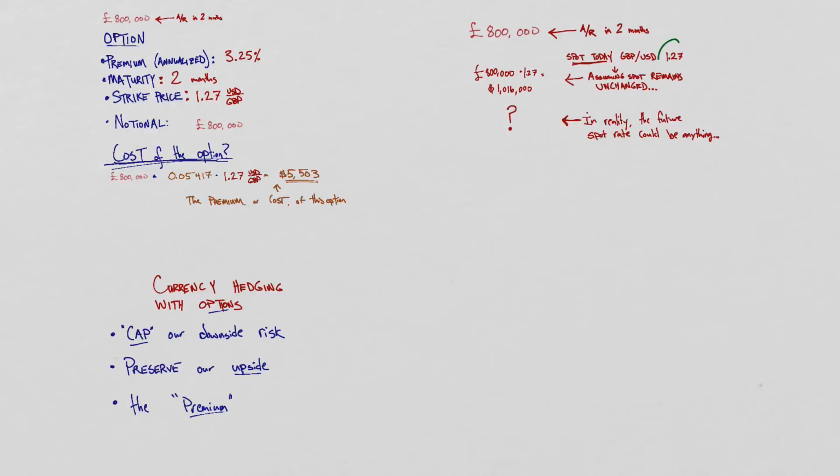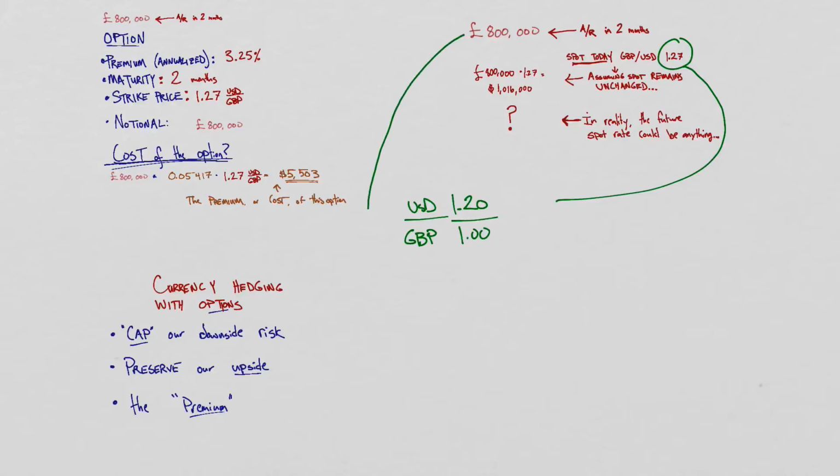And the way it will work for us here is that the profit on that put option will be the maximum of either 0, that is, we walk away if the put option is not profitable, or the difference between the strike price and the spot price at some particular time after this option is bought. For us, we care about the spot price at the end of 2 months, when our accounts receivable matures. And for us, this put option, the strike price was $1.27 per pound.